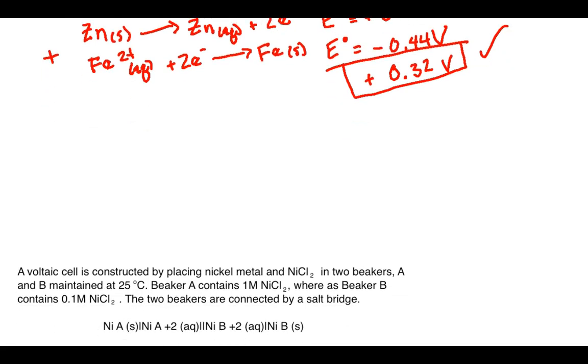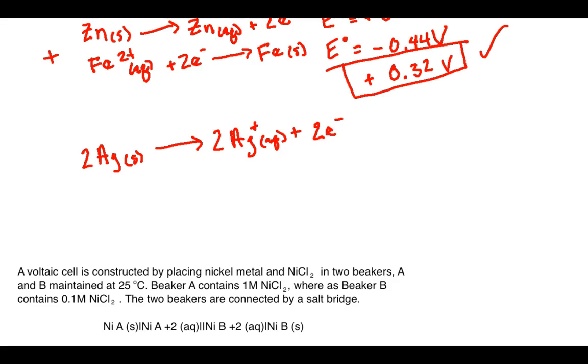So now I'm going to do the silver. I have 2 silver solid, and that's going to go to 2 silver ions plus the 2 electrons. Now, if you look at the equation that they have up there, it's a single silver going to silver plus 1 electron, because it is silver plus.